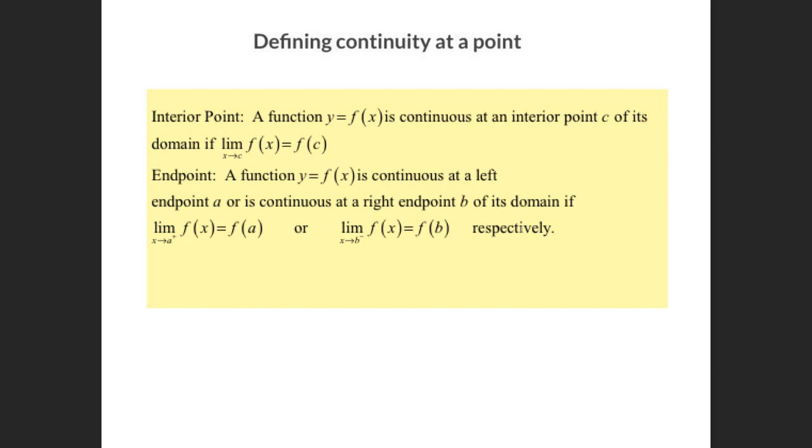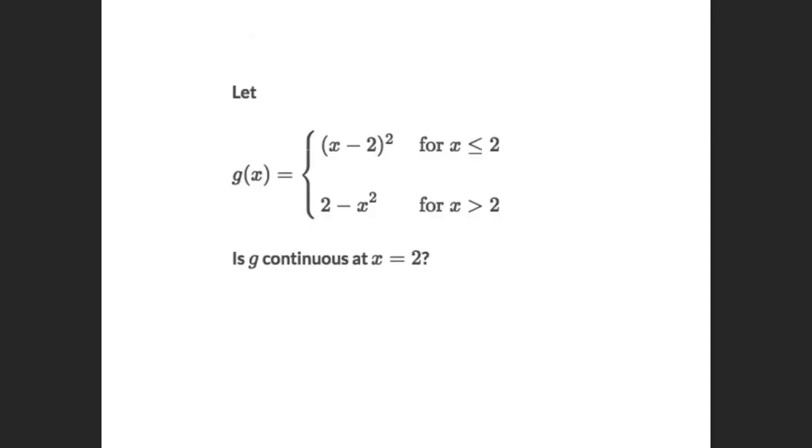I would always have a difficult time, but when I can see the graph, it's like, okay, the left-hand limit and the right-hand limit have to be the same, and then the value at that point has to be the same as the limit. I mean, they always use the x's and the a's and all that, and it kind of makes me dizzy sometimes.